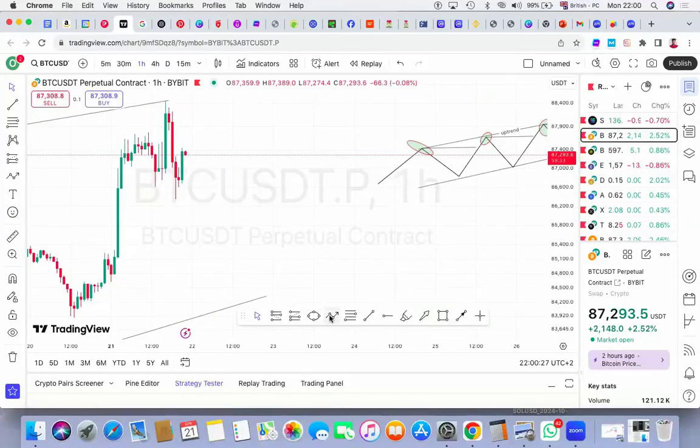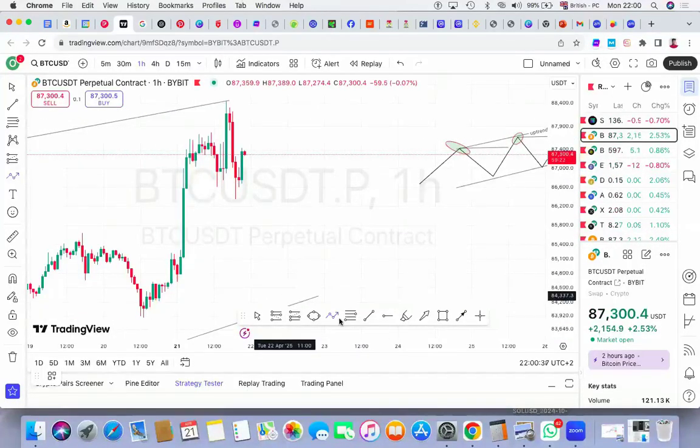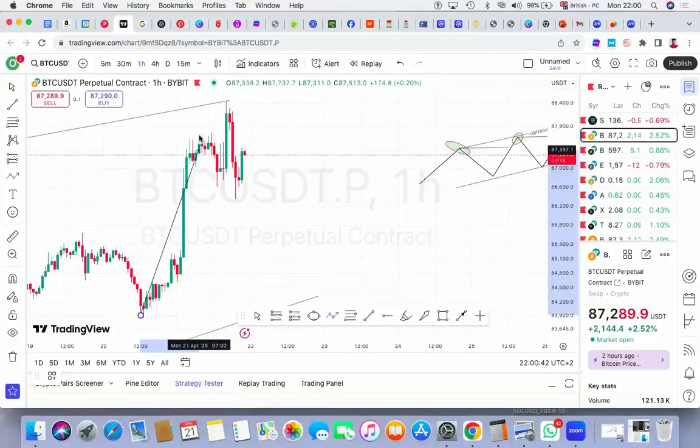We have the price of Bitcoin, which is currently at around 87,300, current market price. If I draw from here up to this high and to this low, and now back up to this upside, the market is currently here.